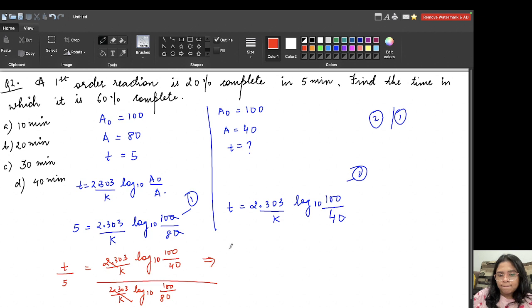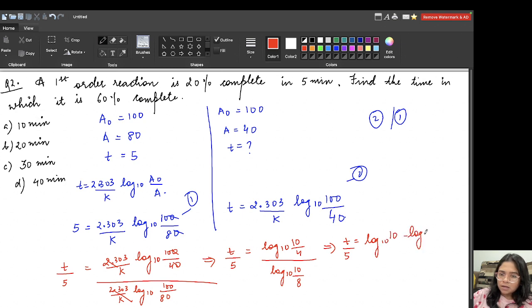What is left? t by 5 equal to log base 10 100 by 40 divided by log base 10 100 by 80. Let's write it like this: 10 by 4 divided by 10 by 8. How can we write this? t by 5 equals log base 10 10 minus log base 10 4, divided by log base 10 10 minus log base 10 8.